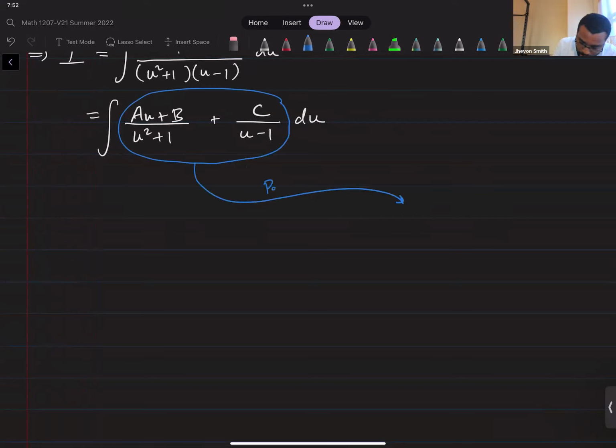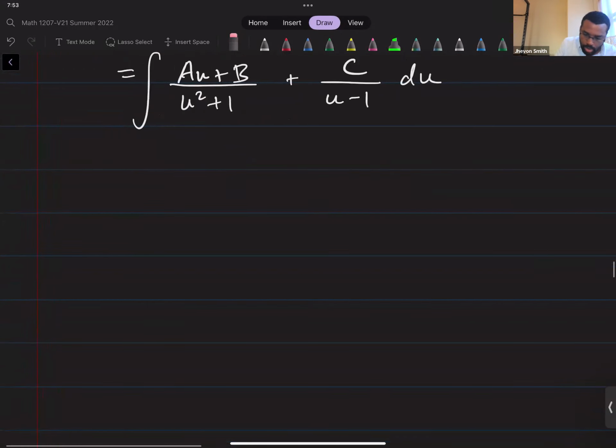So here, let's go do our partial fractions. I probably don't want to put that in a different coloring, because I would expect you to show this.